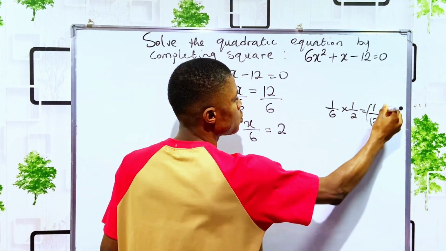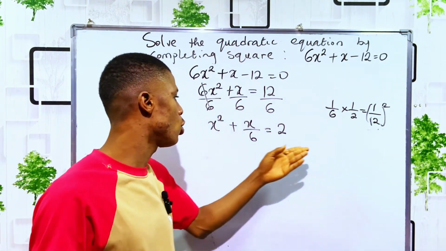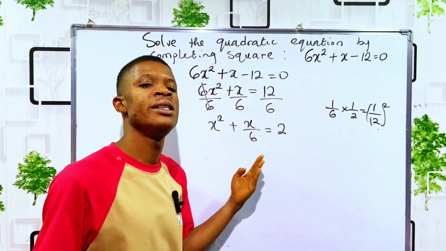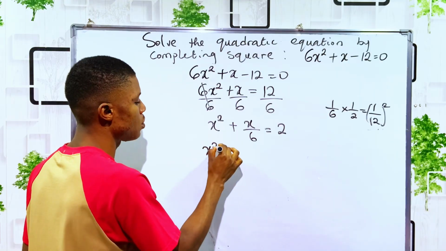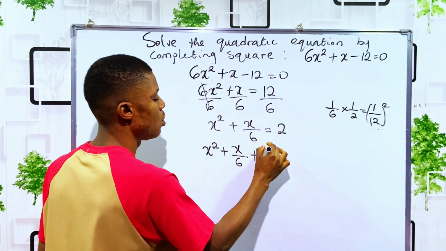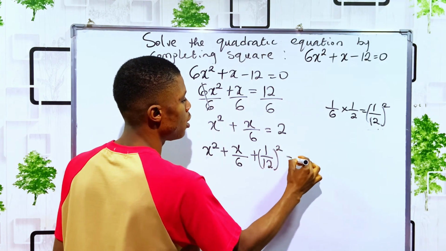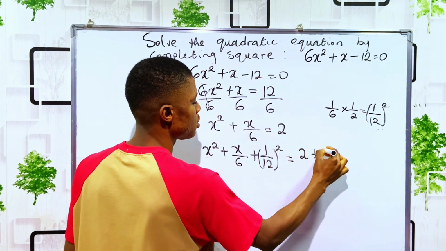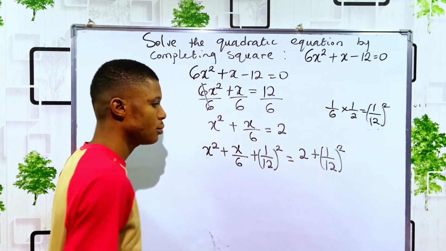So we are going to square it. Since we've gotten (1 over 12) squared, we add it to the left-hand side and to the right-hand side. So here we have x squared plus x over 6 plus (1 over 12) squared is equal to 2 plus (1 over 12) squared.